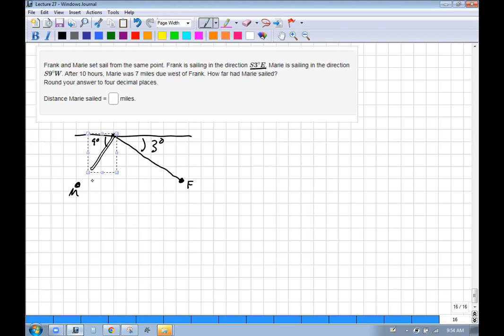I don't know what this would look like, but I'm thinking we need this 7 miles, right? Because they're from east to west. Okay. How far had Mary sailed? So what do we have here? This is 7.